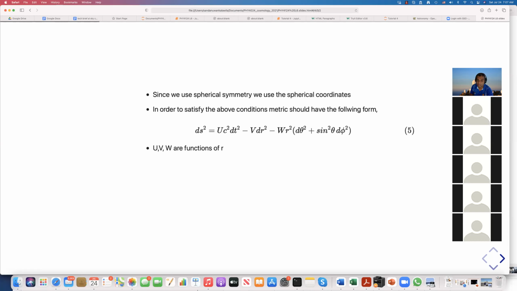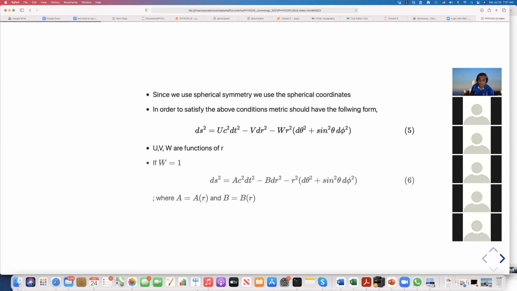Right? The reason for having this form is that we assume spherical symmetry, so that you can write it in terms of r, theta, and phi. And these three functions, U, V, and W, initially we assume that they are functions of r.